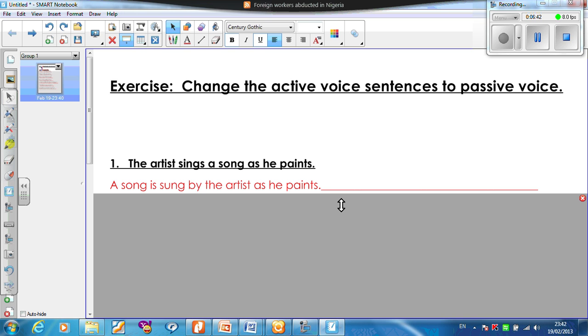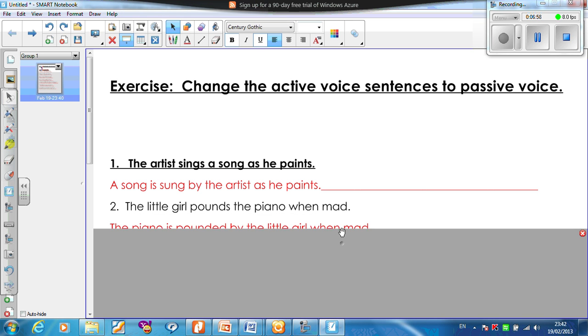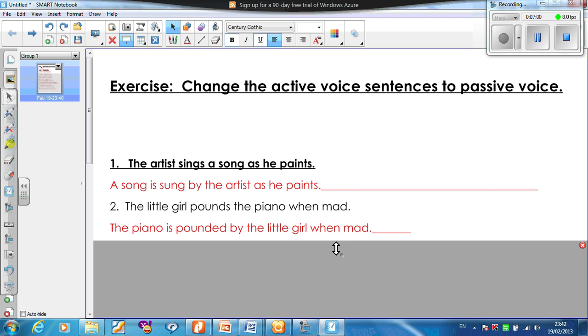A song is sung by the artist as he paints. Let's see another one. The little girl pounds the piano when mad. Let's see the answer. The piano is pounded by the little girl when mad.